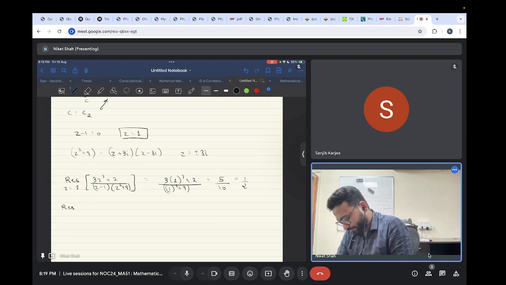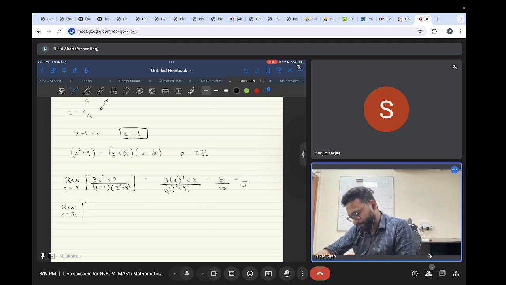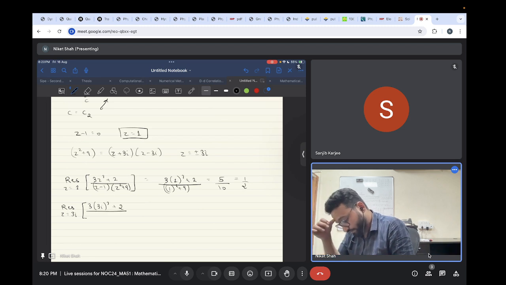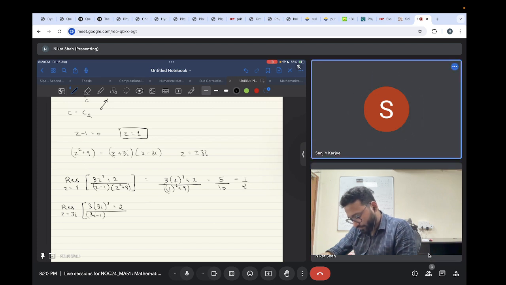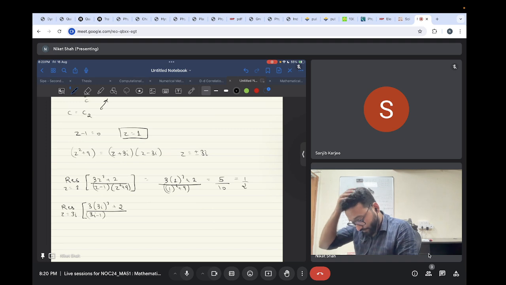Residue at z equals 3i. 3 into 3i cubed plus 2. So for z equal to 3i, divided by 3i minus 1. Sorry, come again.